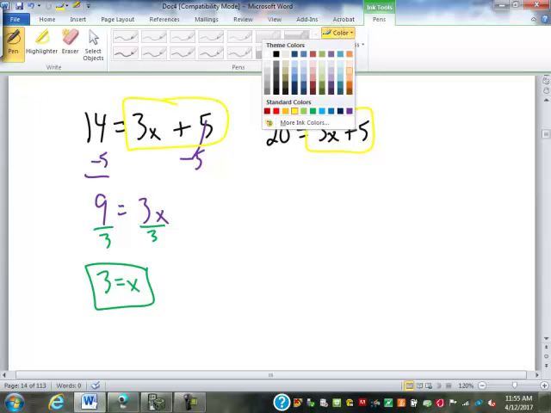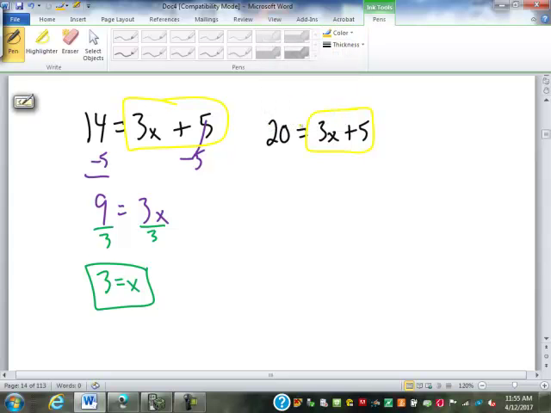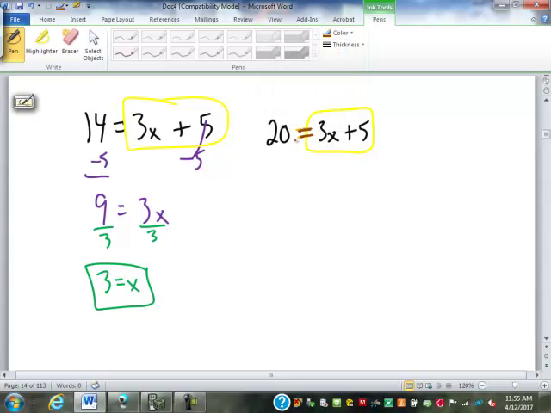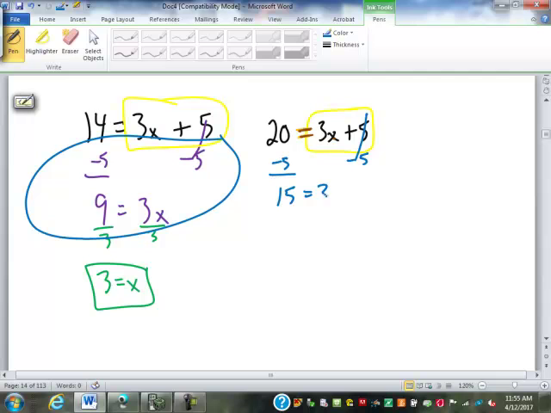When we ask our questions about solving the equation, remember we found the equal sign, and then we identified which side has the variable on it, and we ask what's keeping it from being by itself, and then how do we get rid of it. Both of these, the variable, the x, has been multiplied by 3, and then 5 has been added to it. So the process of getting rid of all that is exactly the same. To solve this equation, just like we did over here, we would subtract 5. So 15 equals 3x. And then divide by 3.